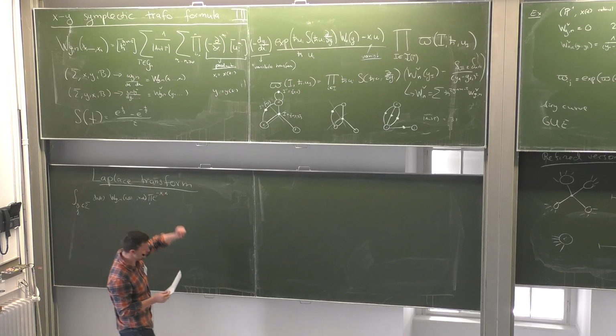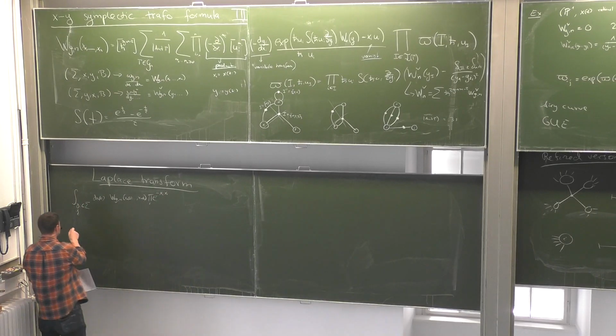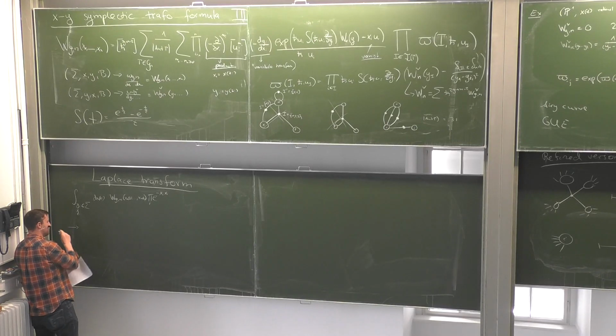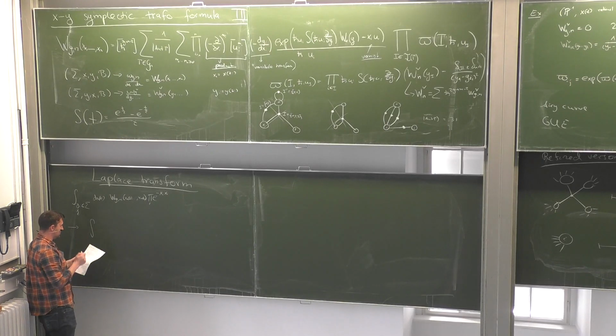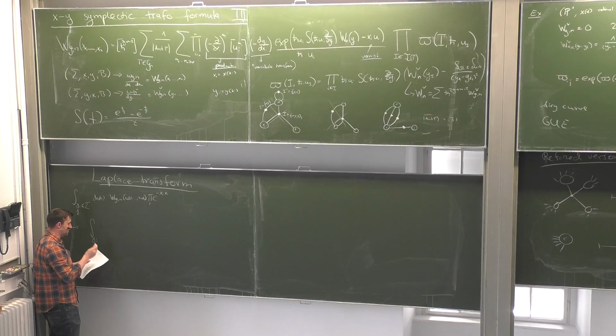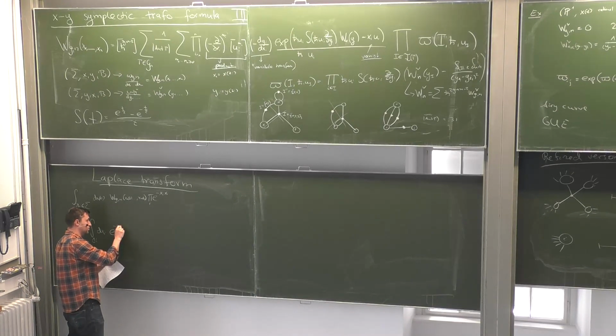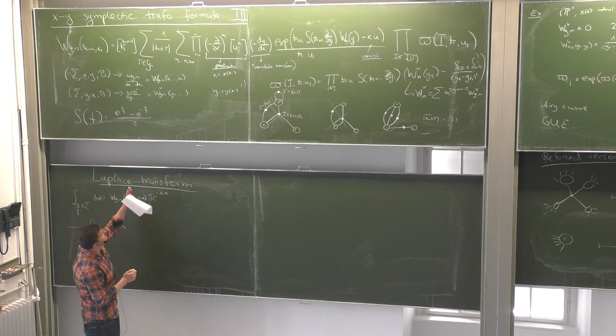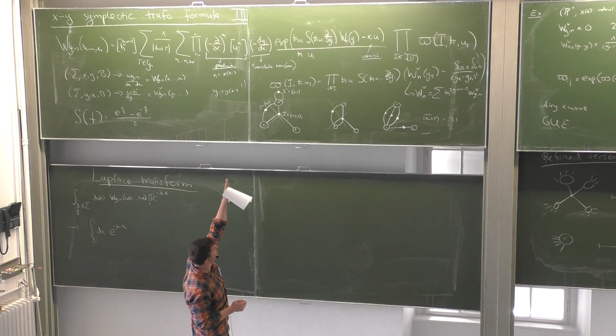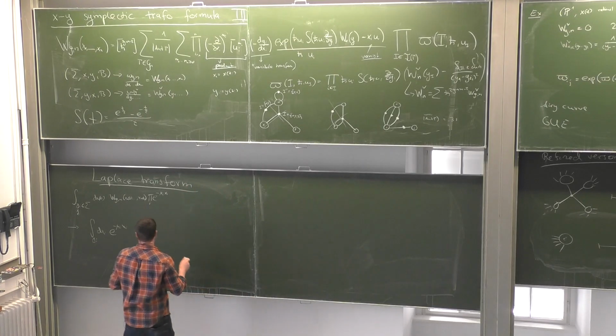We do the same on the right-hand side, and now I want to write it down in one variable. So on the right-hand side we have the integral over this path gamma_i, dx_i, e^{-mu_i x_i}. And essentially, what is the form of this equation?